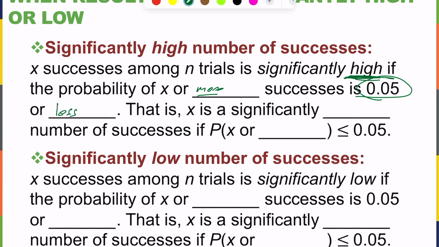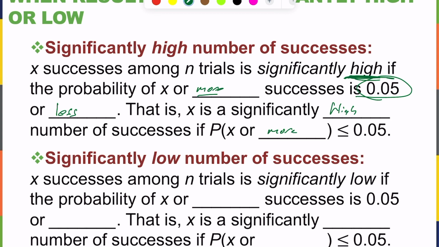If it's that or even smaller, then x is a significantly high number of successes.